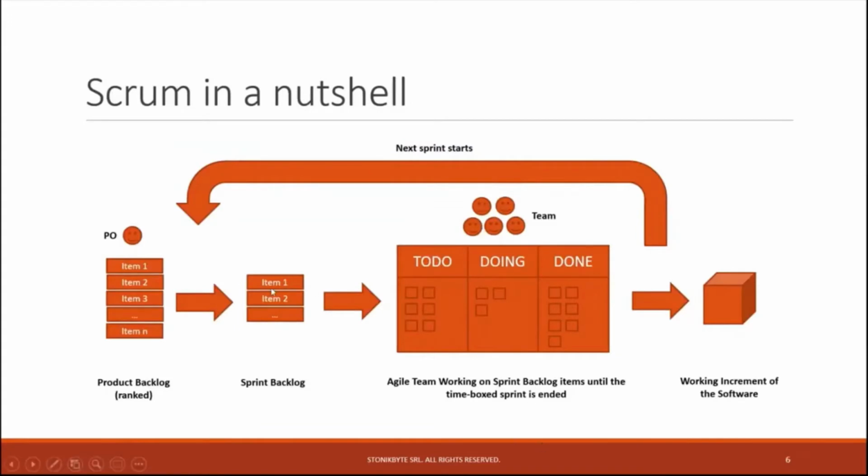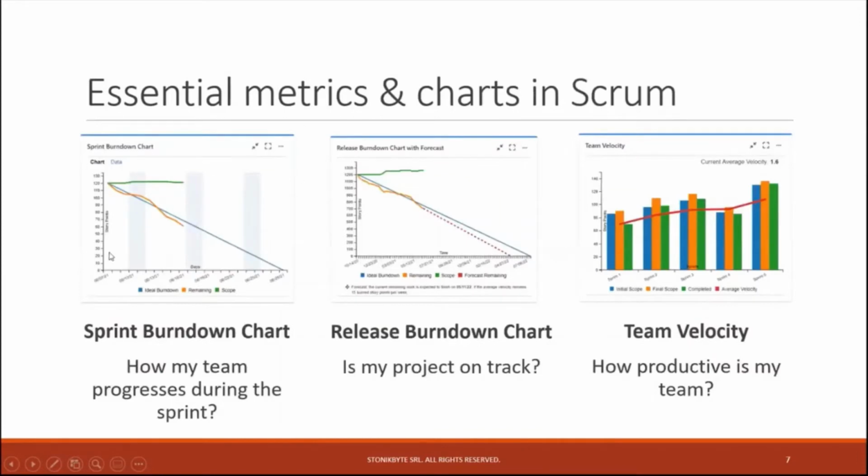When they started the sprint, they committed to do some items of the backlog, so this sprint backlog, and the chart helps you see how the team progresses in finalizing the work that they committed. So it helps you see, is my sprint on track? Are there any scope changes, and so on.